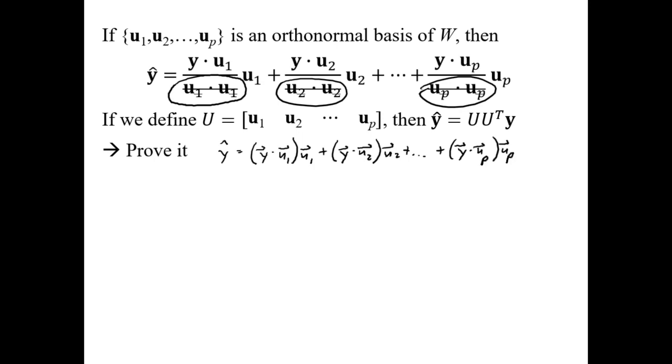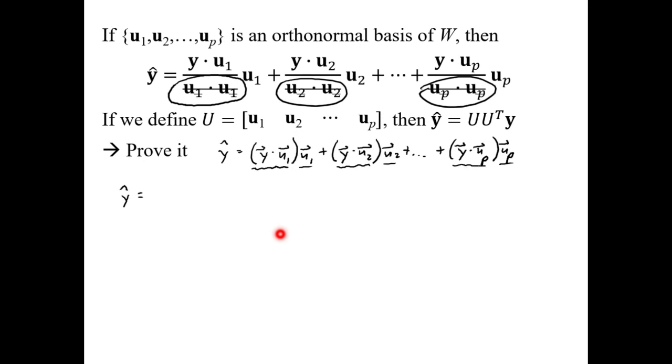Now, notice that those separate vectors, U1, U2 up through UP, are the vectors in U. And each of those has a weight or a coefficient: this dot product, this dot product, this dot product.